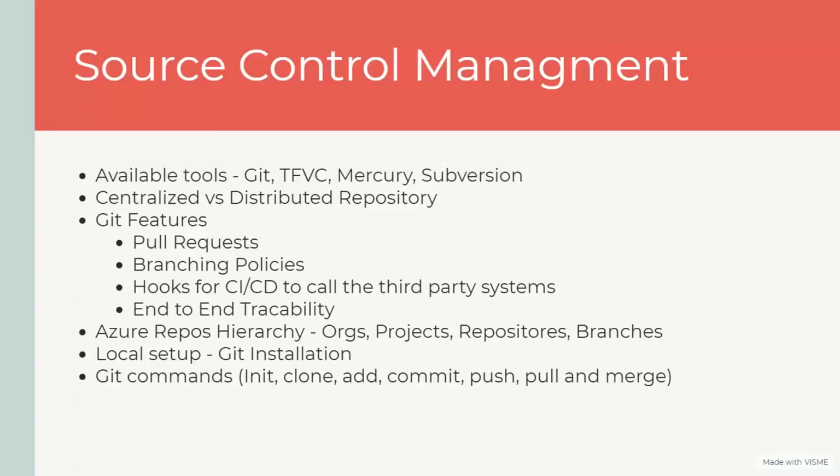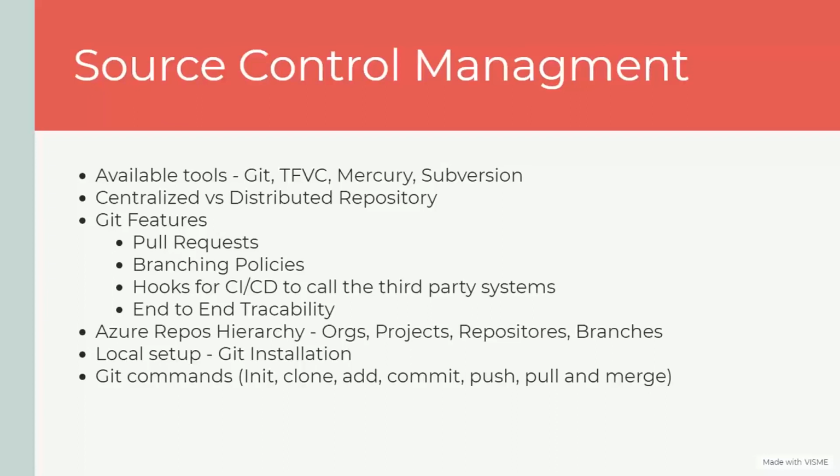Okay, but the distributed model is something different. Here you will have the remote repository, and you will also have a local repository. On every local machine you will have a copy of the source code.